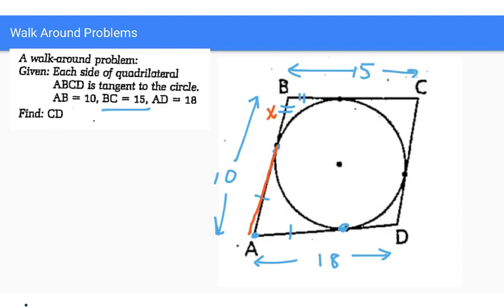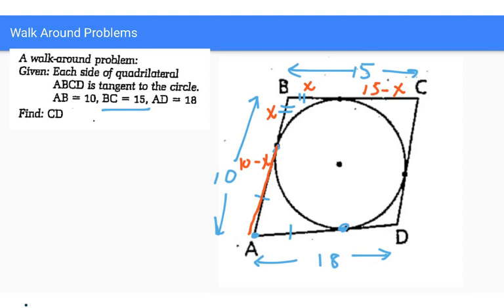It's usually better if we try not to use another variable. So if we know that whole side is 10, then don't we know that this is 10 minus x? This part I have in red. And if this is x, then we know what this piece is: 15 minus x.